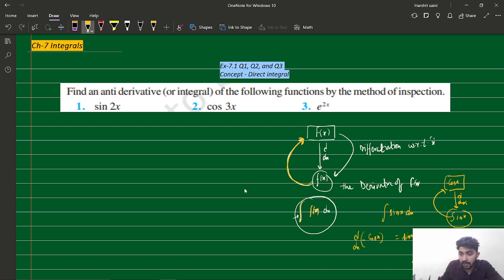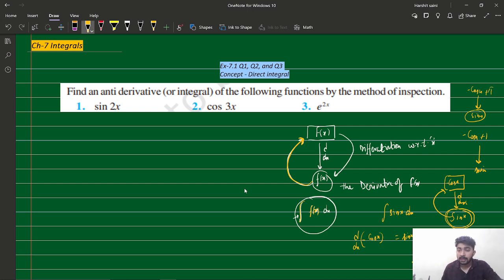But observe that not only by differentiating minus cos x we are getting sin x; if we differentiate minus cos x plus 1, we are getting sin x, and minus cos x plus pi, if we differentiate, then also we get sin x. It means for this sin x there are so many integrals possible.